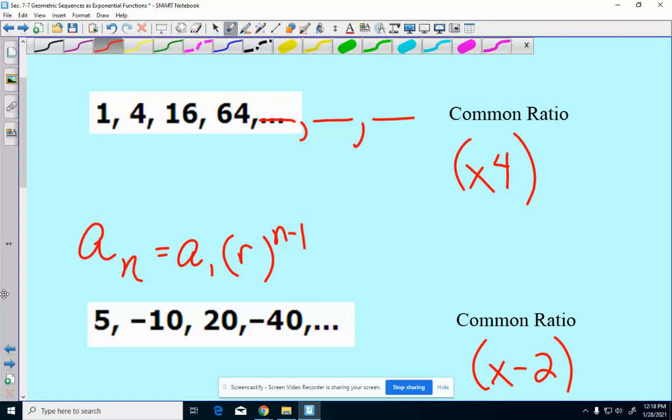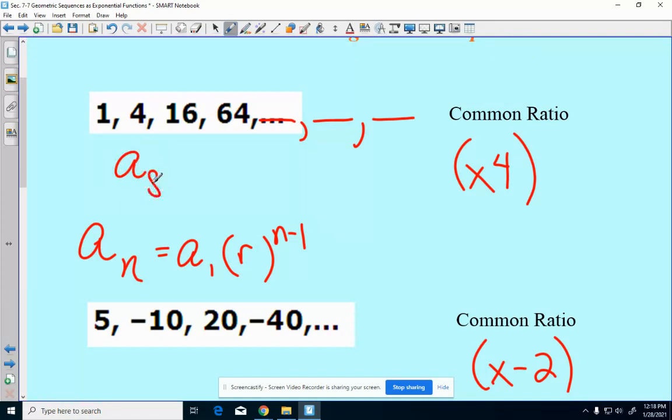Let's say we're going to find the 8th number. If I want to find the 8th number in this sequence, the first thing I must know is what's the first one? In this one here, it's a 1. So the first number is a 1. Secondly, I must know what R is.